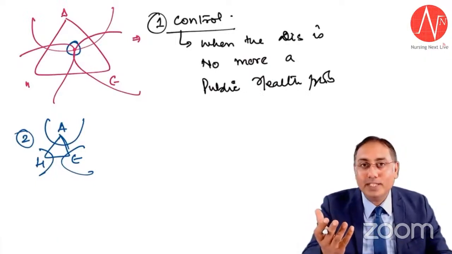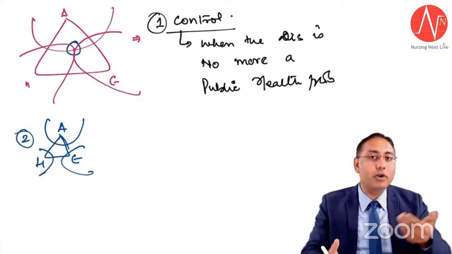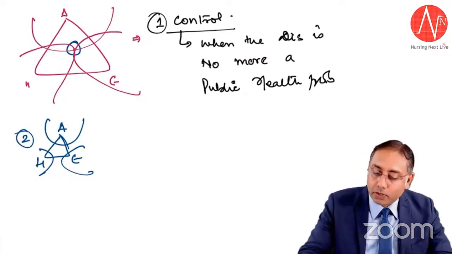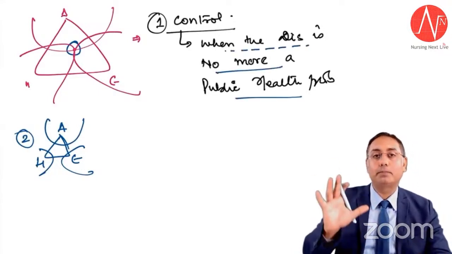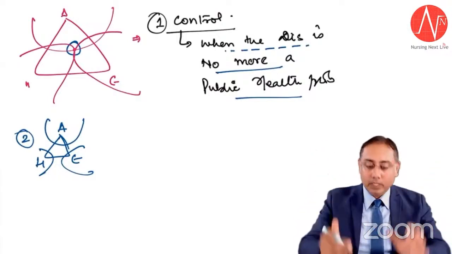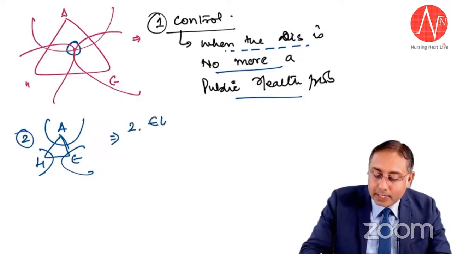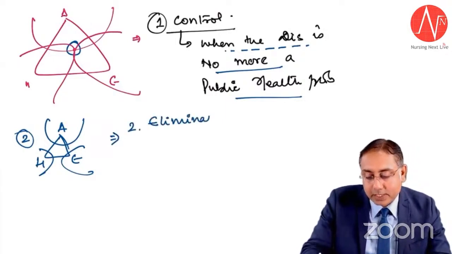The answer is there will be no new cases. So what is this stage called? Is it called control? No, this is not called control, because control is when the disease is no more a public health problem. The disease is there, but it's not at a very big level. So this phase, where there are no new cases, is called the elimination phase.